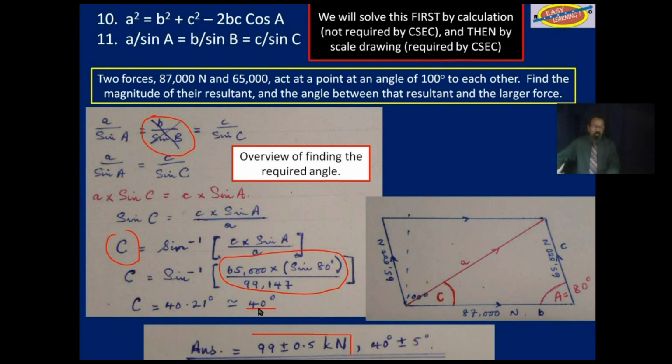Now, that was what we calculated for the magnitude. And now we have the angle as 40 degrees plus or minus 5, because we are rounding off at the tens position, one significant figure, and we take half of that position, plus or minus.